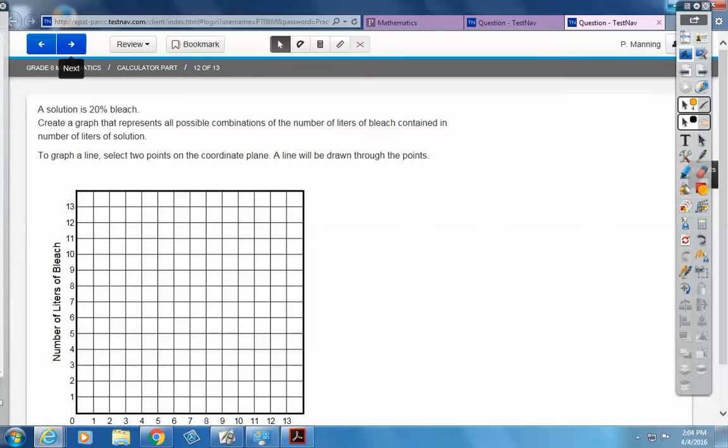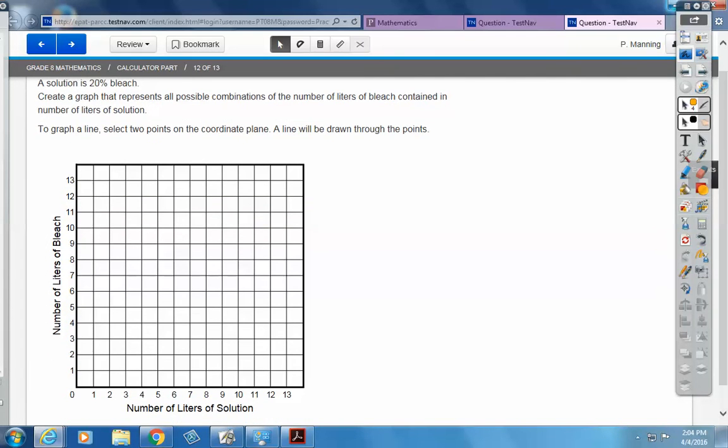A solution is 20% bleach. Create a graph that represents all possible combinations of the number of liters of bleach contained in the liters of a solution. All right, so I know that I just need 2 points and I'll have my line really quick. If I have 0 liters of solution, I will have 0 liters of bleach.